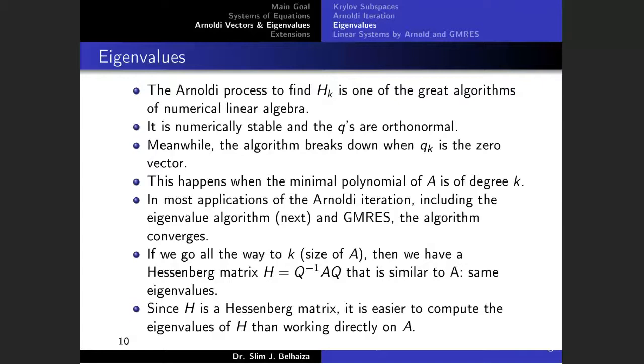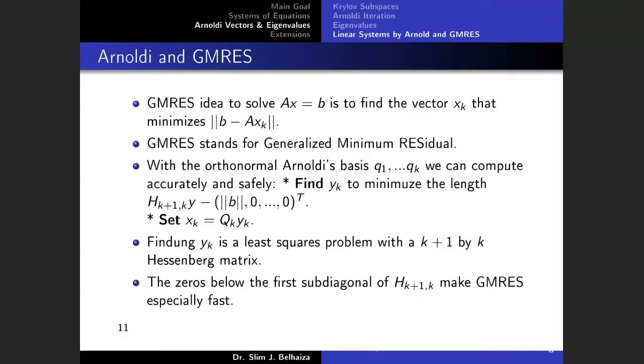The Arnoldi iteration, and I will continue based on what we just learned on how the Arnoldi iteration performs. So we were saying that Arnoldi iteration is one of the most powerful algorithms we have in numerical linear algebra, but it is just a beginning to do other things.